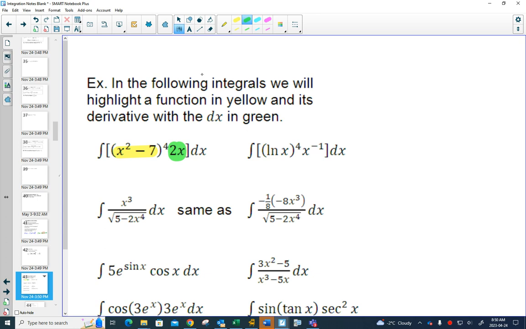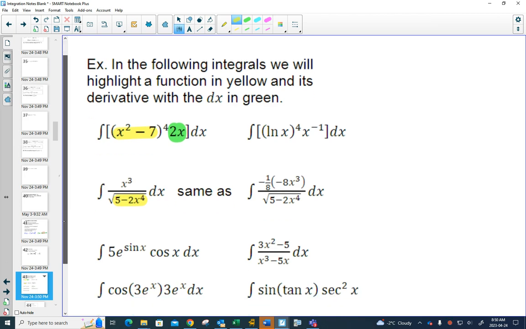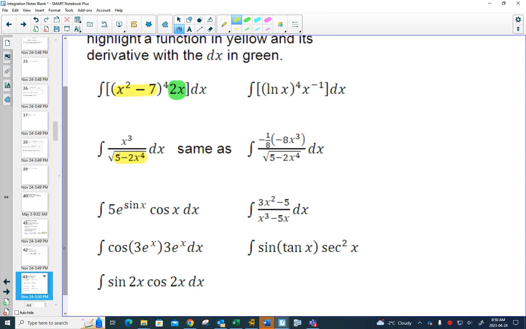So for the second one, can you notice that the 5 minus 2x to the 4 is inside a square root? The third one. Do we see a function inside of another function?